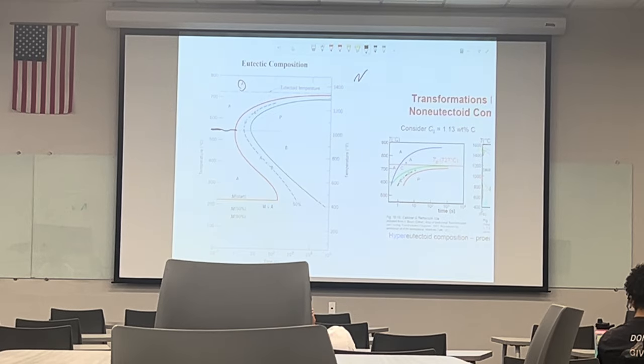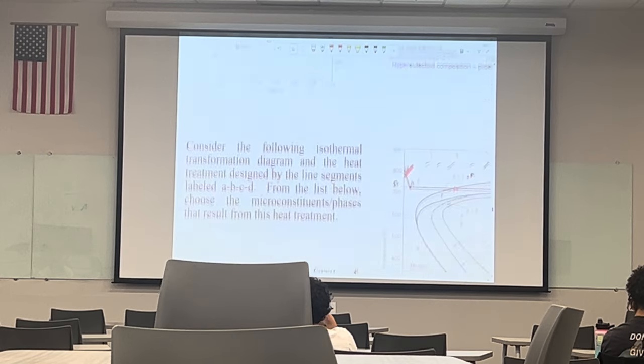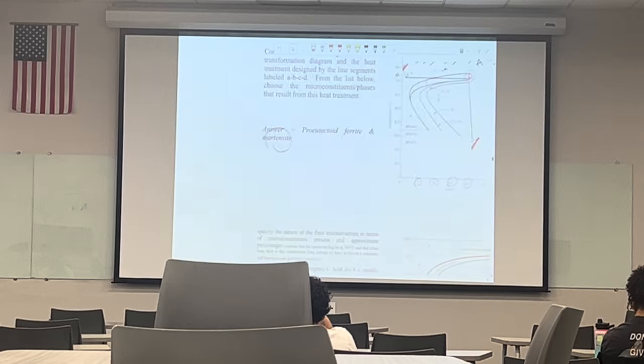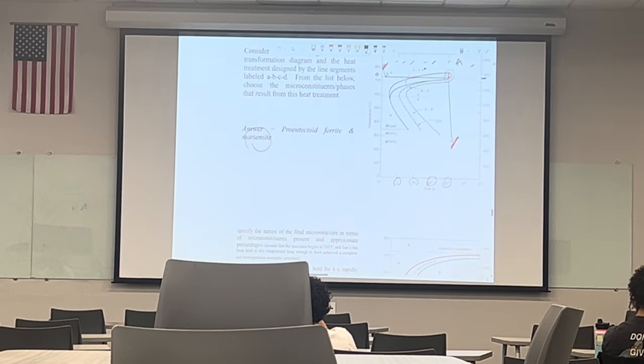But if you cool it down very, very fast to a very low temperature, for example, you start above 720 and cool it down to 200 degrees, it's going to turn into martensite, which is shown here by M. So I just wanted to review that with you. That's why we have martensite here, shown with M.